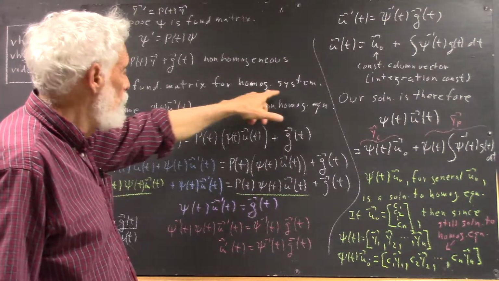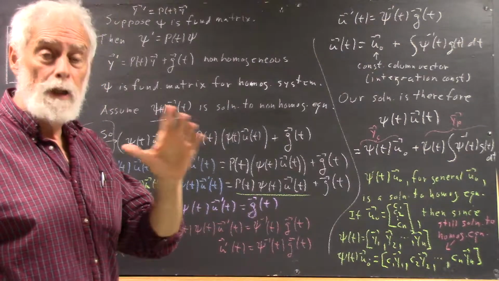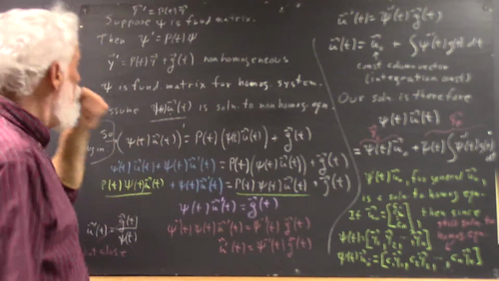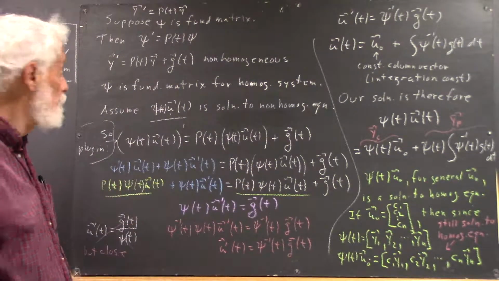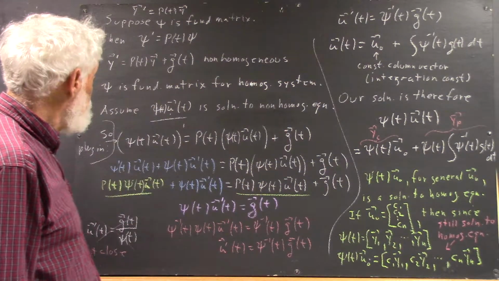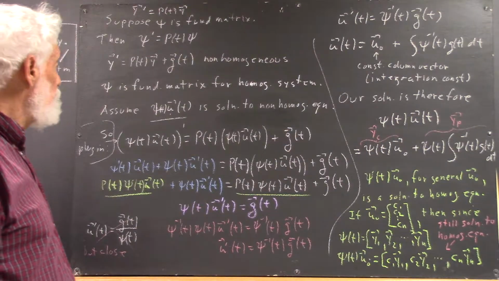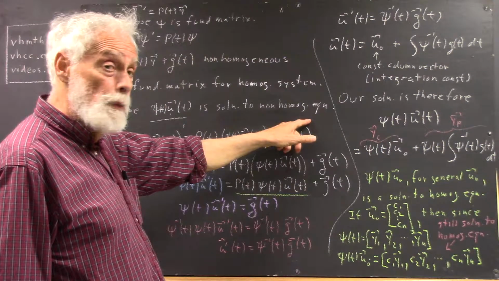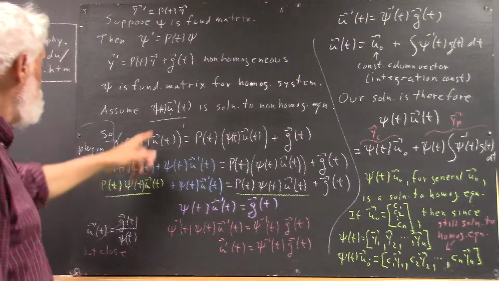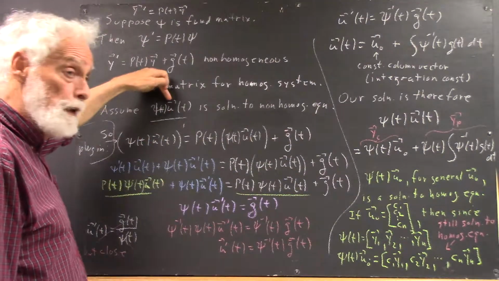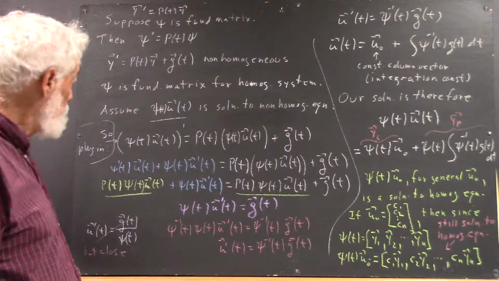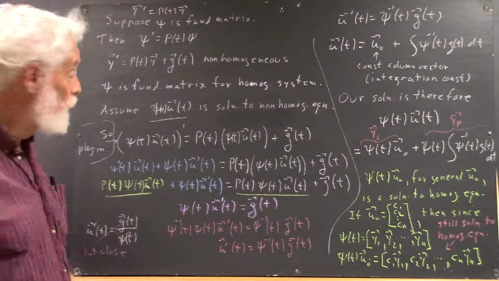We want to find a solution to the non-homogeneous system, and we want to find a matrix solution. It turns out that's actually easier than going to separate equations and finding a solution. So we're going to assume there is a solution to the non-homogeneous equation of the form psi of t times u of t, where u of t is a vector function that we have yet to discover.